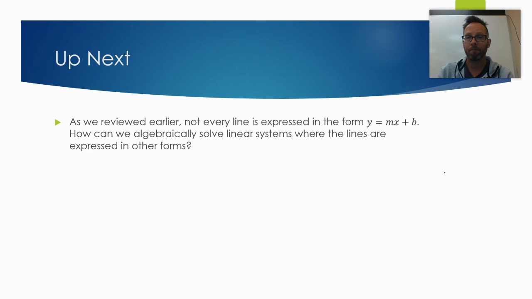Moving forward, we're going to revisit substitution, looking at linear systems where the lines are not expressed in the form y equals mx plus b. Because if they aren't, you can't set the two sides equal to each other. We need to tweak our method a little bit. So how can we solve linear systems where the lines are expressed in other forms? And that's for our next lesson.